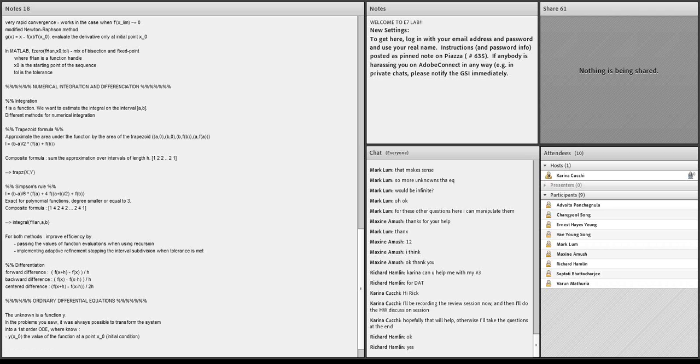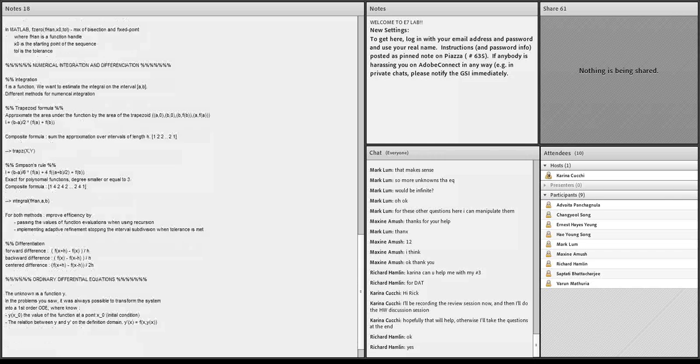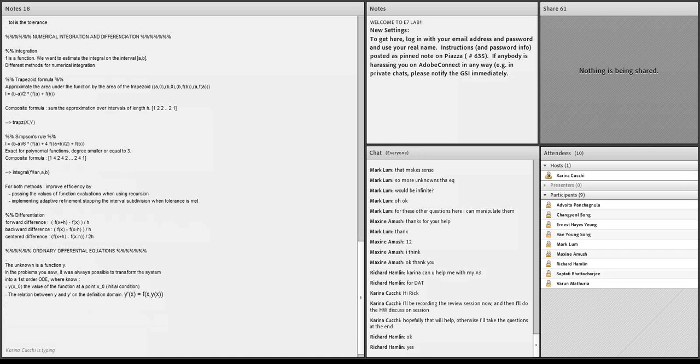And you also need to know the relationship between y and the derivative of y on the whole definition domain. And this is given to you by a function, a relation of the form y prime of x is equal to some function involving x and y of x.